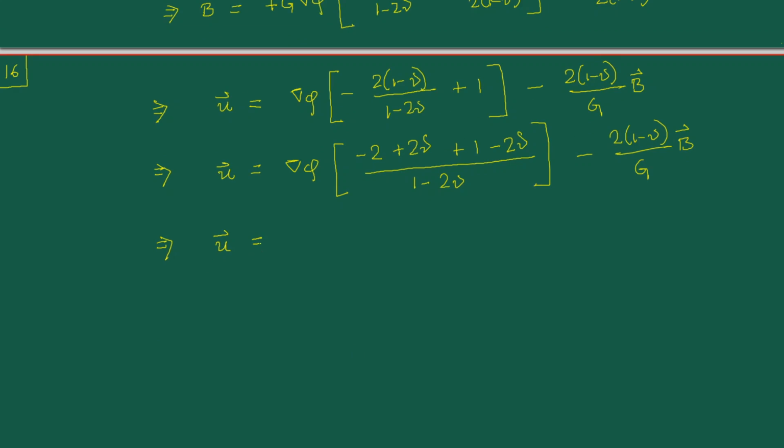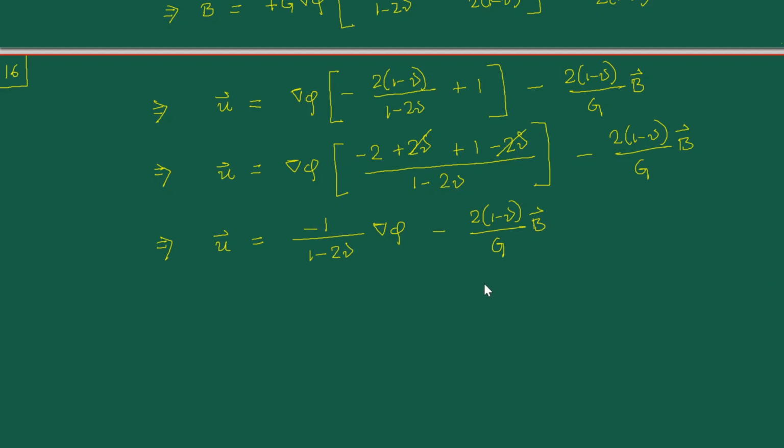So for the u vector, this twice nu cancels with this one. Overall what I have is minus 1 by 1 minus twice nu grad of phi, minus 2 into 1 minus nu by g b vector. I've done a little bit of simplification, but the job of eliminating this grad phi is still left.